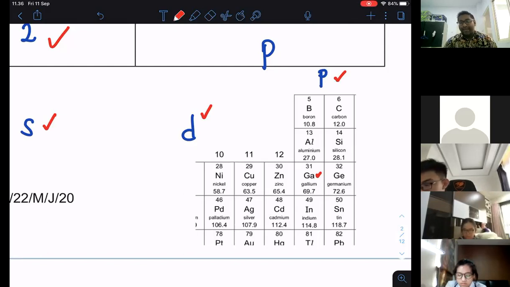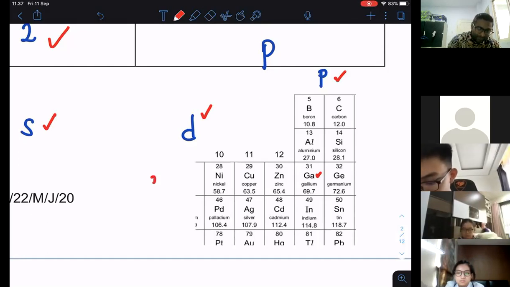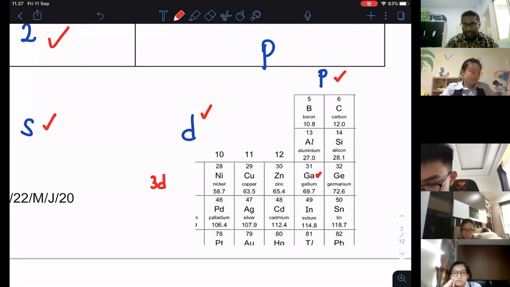When you have s, d, p, I think I told you last time how to complete the electronic structure in a faster way. If you look over there, this part will be 3d. It means 3d what? If you have 10, then it's going to be 4s2, 3d8, and so on.